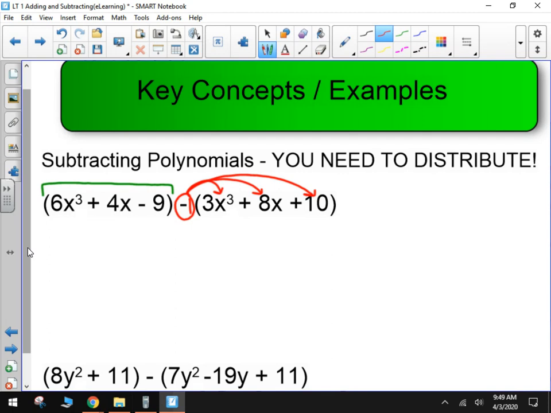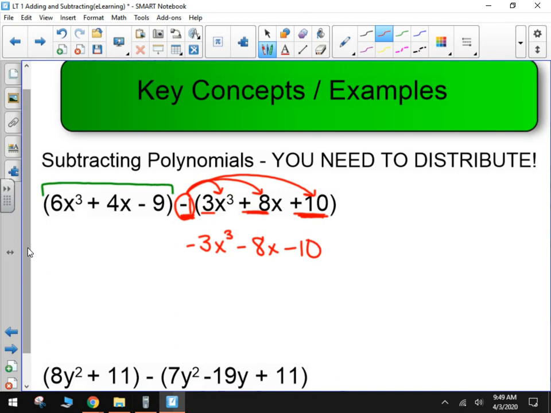Okay? When I do that, negative 1 times 3 is negative 3. Negative 1 times positive 8 gives me negative 8x. Negative 1 times positive 10 gives me negative 10.